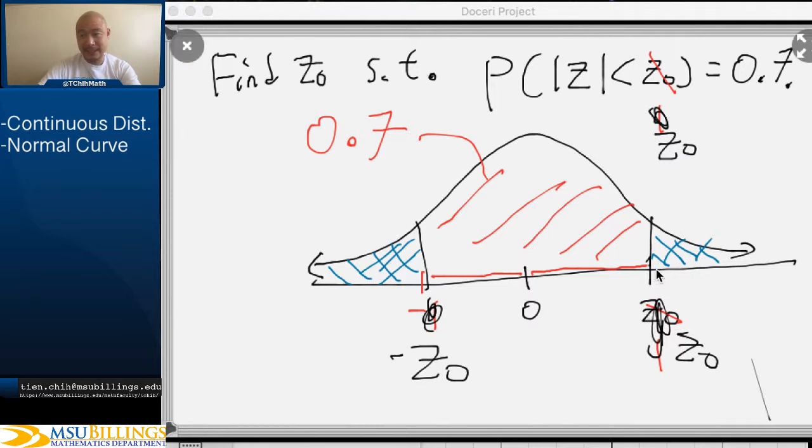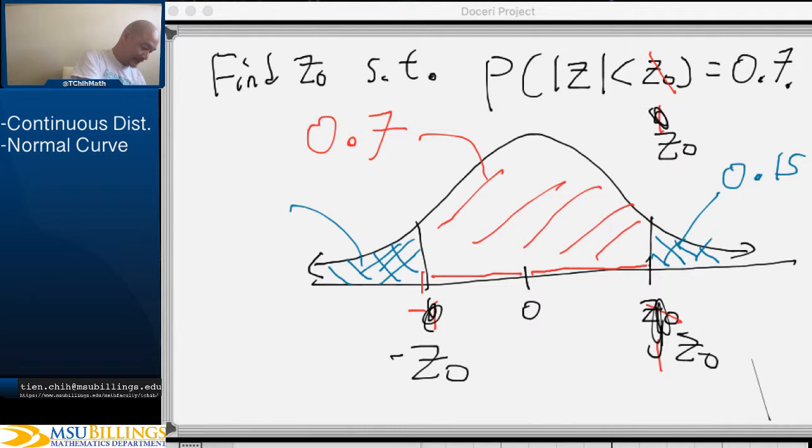And since this is z naught going forward and this is minus z naught going back, the two tails are identical to each other, and that means each of these tails must be 15%, in order for this whole thing to add up to 1.